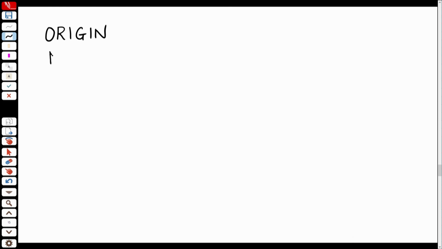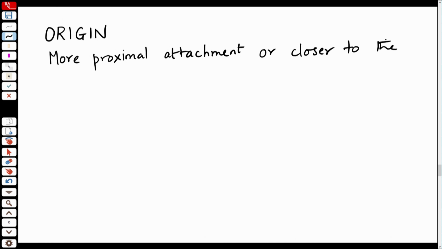The more proximal attachment, or the attachment closer to the midline of the body, is called the origin of the muscle. Remember, we talked about proximal and distal in terms of the appendicular skeleton, closer to the middle of the body.